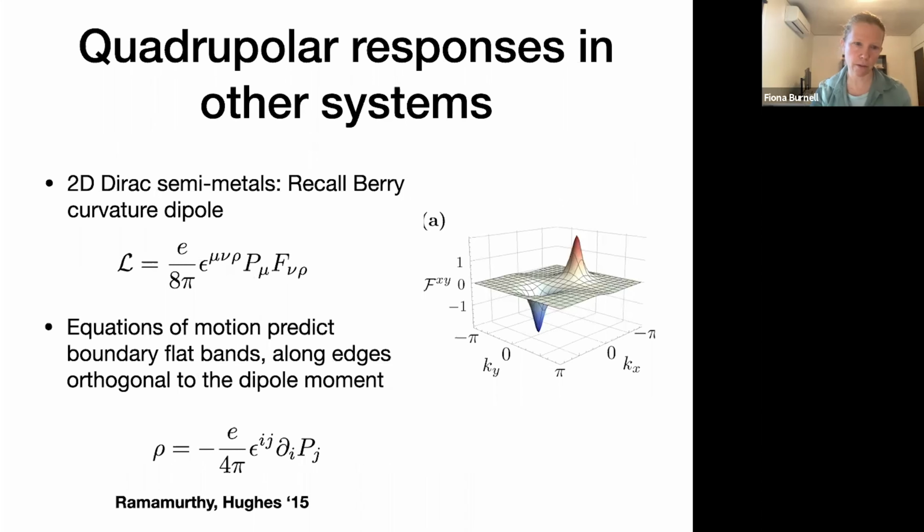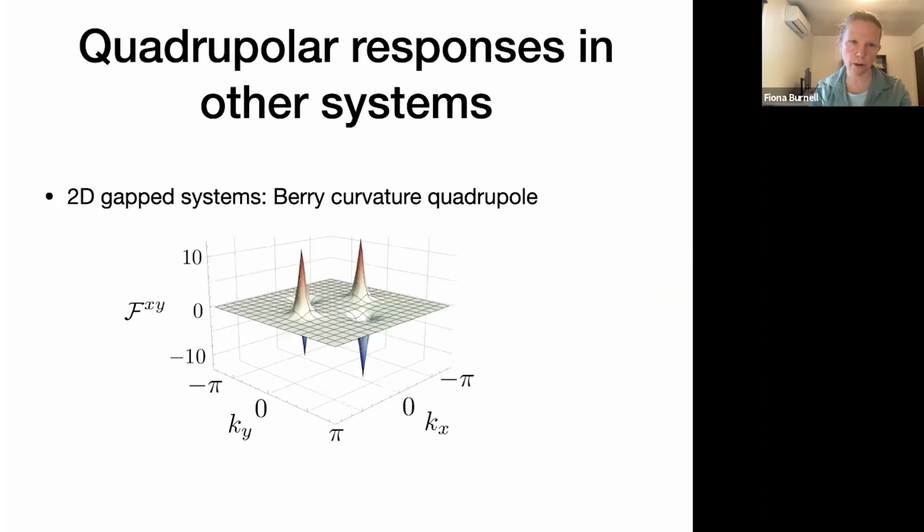Okay, I have two slides which I might just skip over, to say that if you go down to two dimensions, the analog of this polarization is actually not in the Fermi surface, it's the Berry curvature, okay? But again, you can get a kind of response in terms of the dipole moment of the Berry curvature, okay?